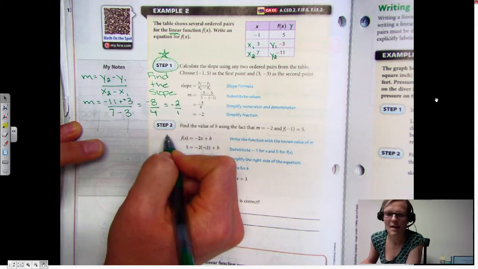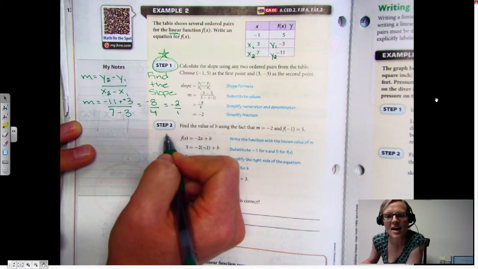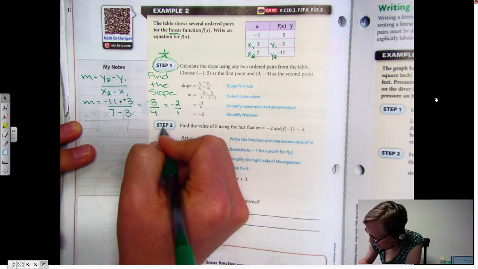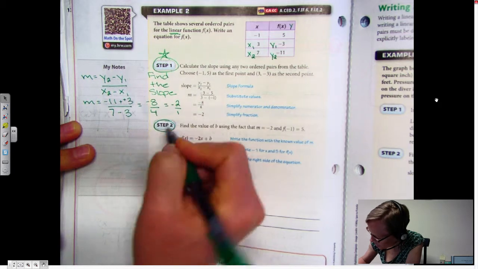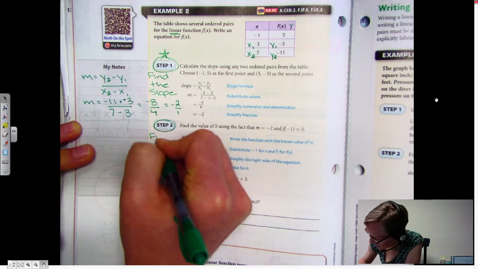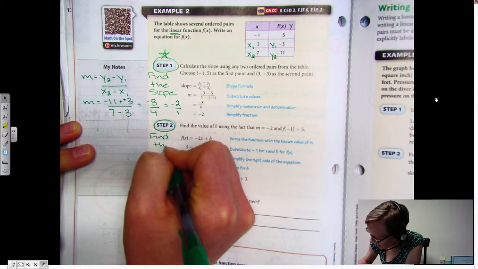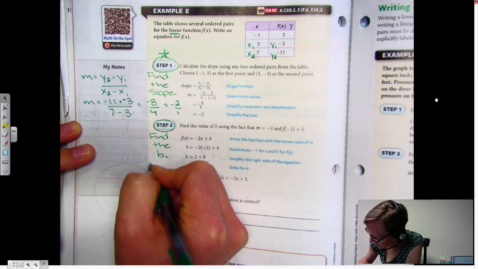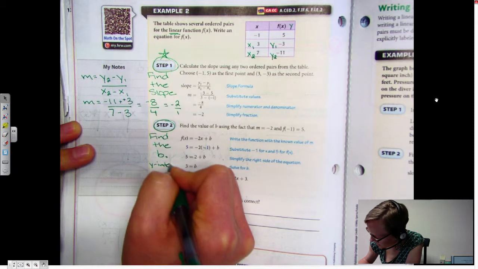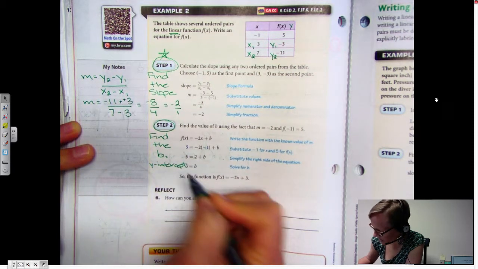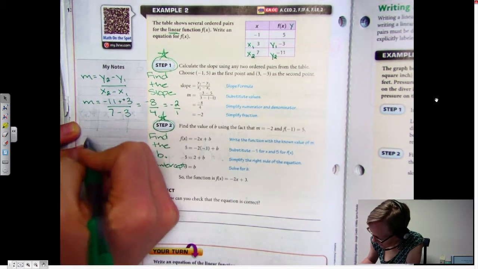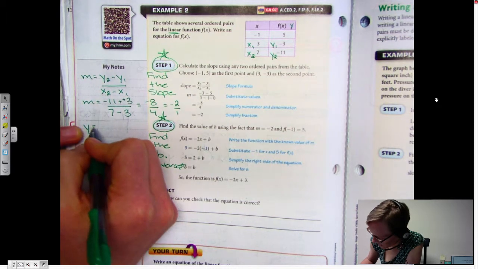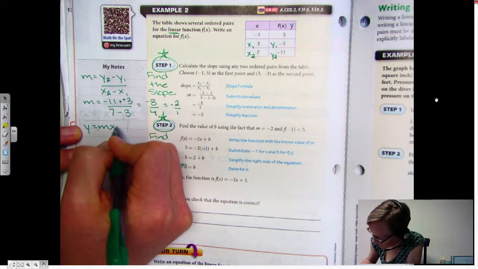Now, the second step is to substitute now what you have. Now you need to do step 2. You need to find the b, or find the y-intercept. So now you have this formula. So this is part of step 2.